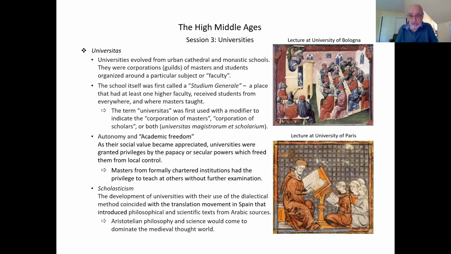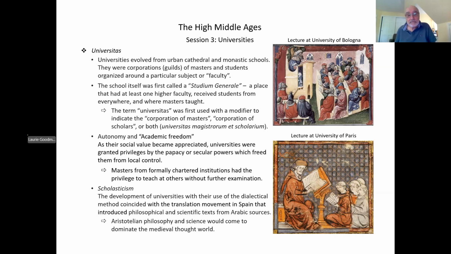So as universities were developed, as dialectics became the major methodology of those universities, texts were arriving that provided classical sources that had been lost to the Latin speaking and reading universe for centuries: ancient texts, translations of all of Aristotle and all of Plato, and medical texts that were developed by the Arabs were going to come to the medical schools and to the law schools.